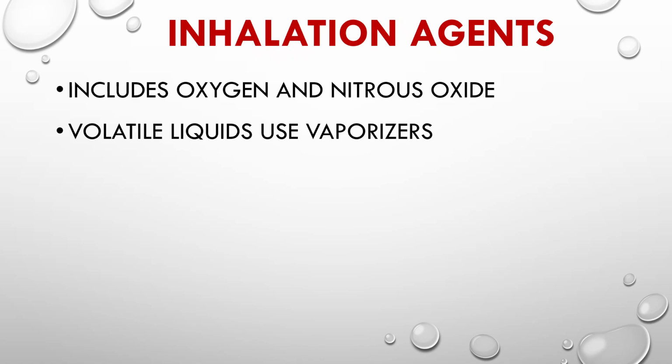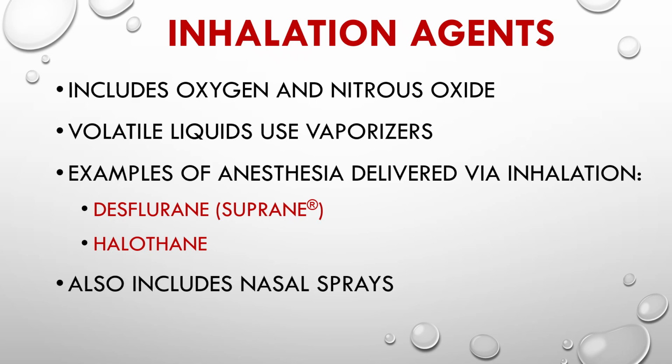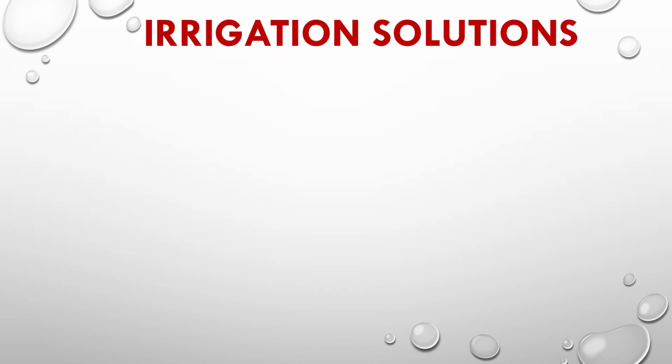These are inhalations, volatile liquids that easily vaporize, so that's why they have to be inhaled. Examples of the anesthesia delivered, which we mentioned in one of the first videos, are desflurane and halothane. A lot of general anesthesia is going to be by inhalation, but it also includes nasal sprays as well.